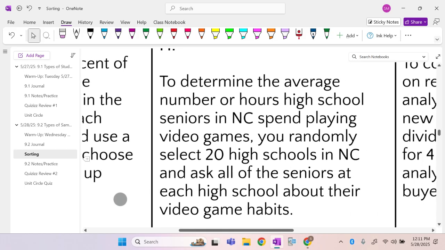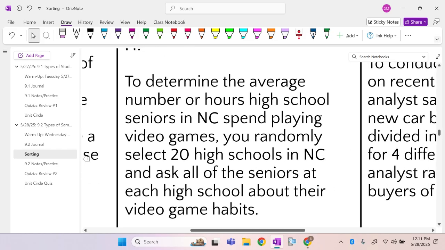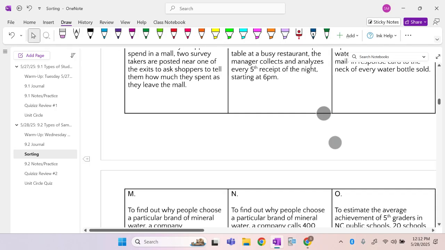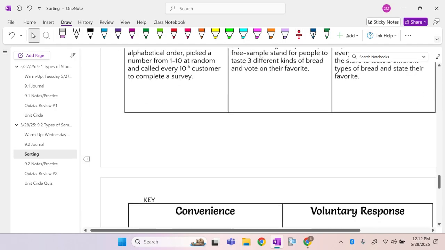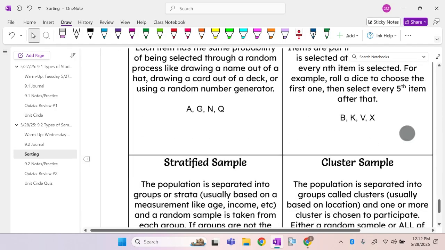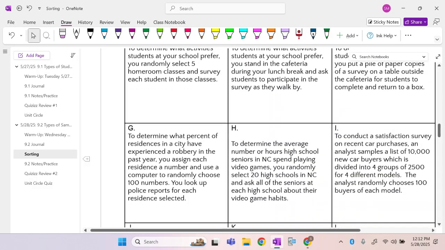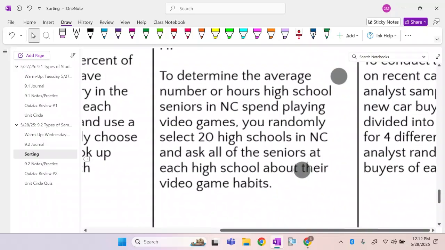All right. To determine the average number of hours high school seniors in NC spend playing video games, you randomly select 20 high schools in NC and ask all of the seniors at each high school about their video game habits. What type of sample is this? So this one's a little tricky, so think about it.